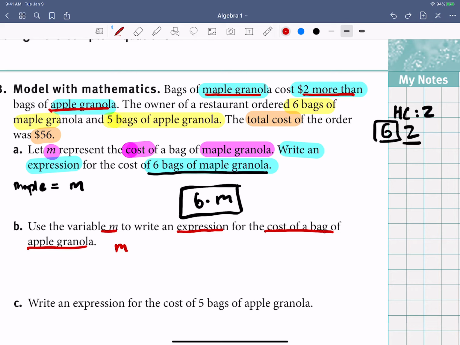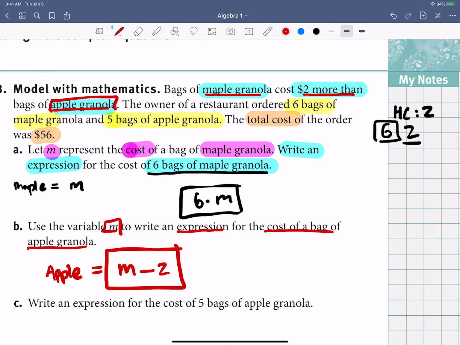So if maple is $2 more than apple, apple is $2 less than maple granola. So apple granola is going to be the price of maple, which is M, but $2 less than that. So to show $2 less, we're going to do M - 2.